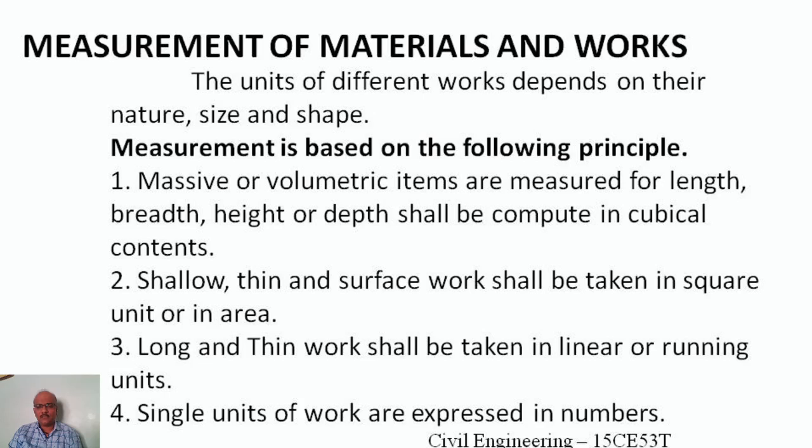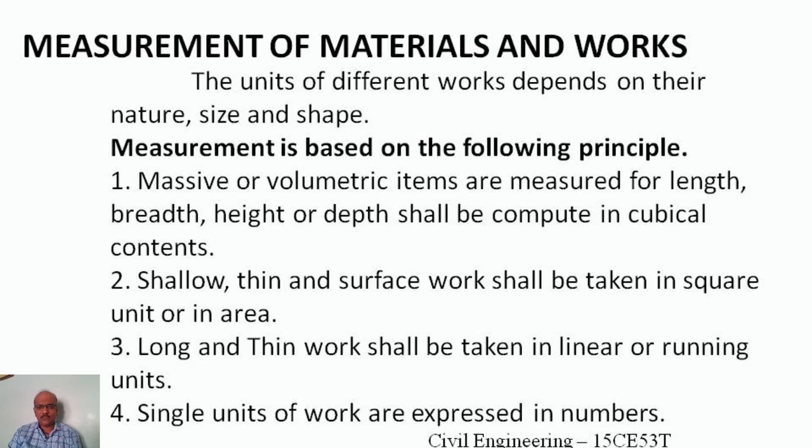For example, in plastering, only the length and width are taken for the measurement of the plaster. The thickness is given, a uniform thickness will be there. So such items are measured in square meter. Painting, flooring, plastering, pointing, etc. are measured in square meter.